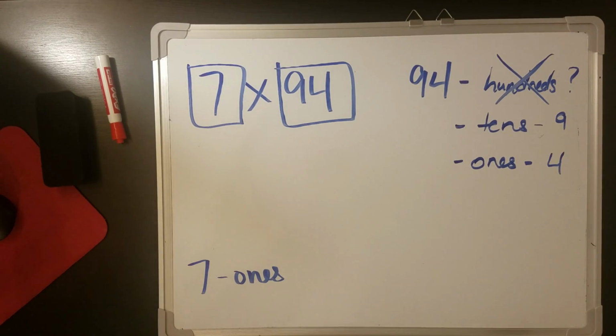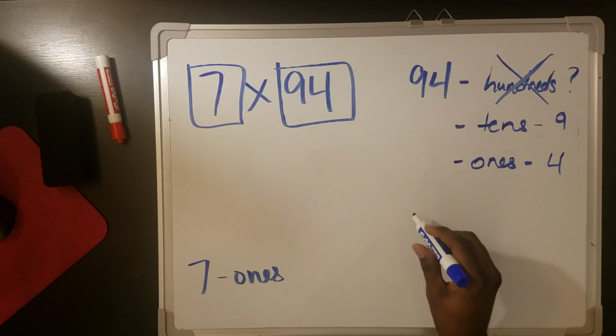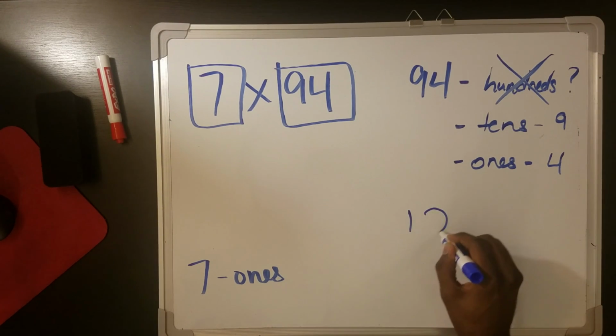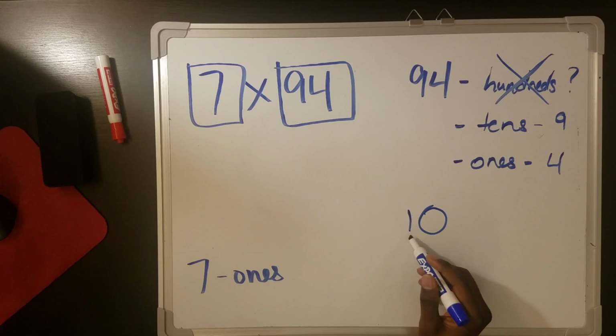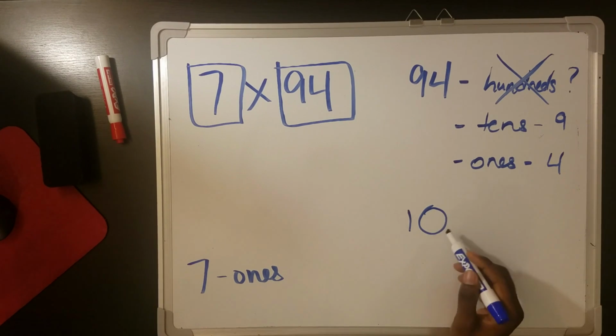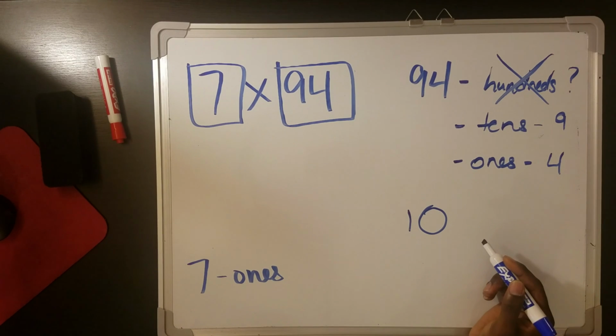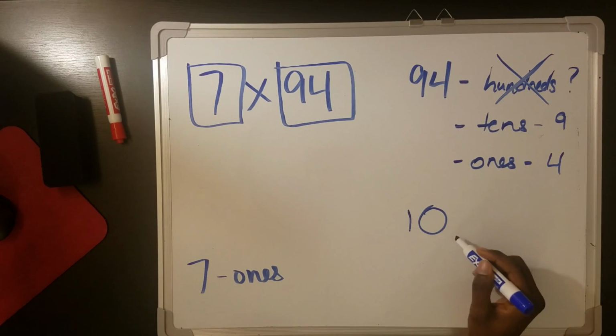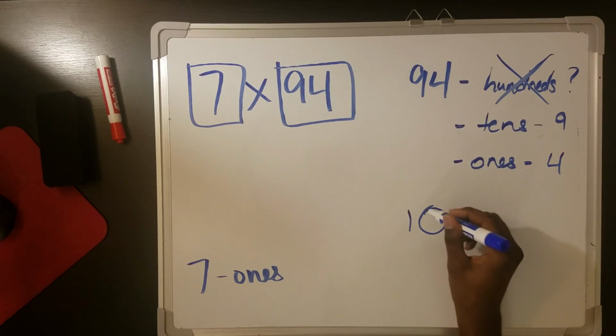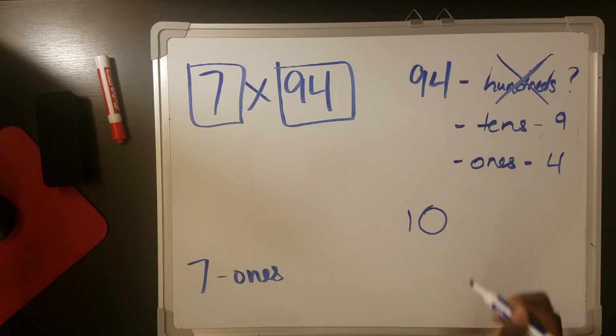So how do we write that? Well, when you write 10, you write it like this, right? You have the 1 here and you have this wonderful 0 here. Well, anything in the tens place is going to take along with it this 0.